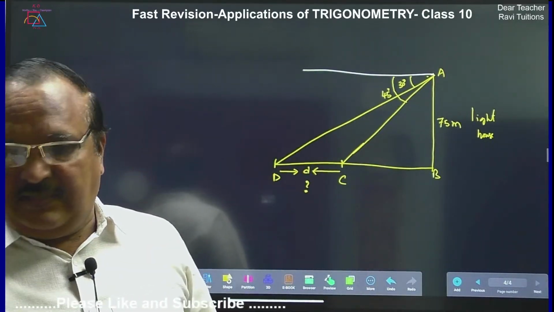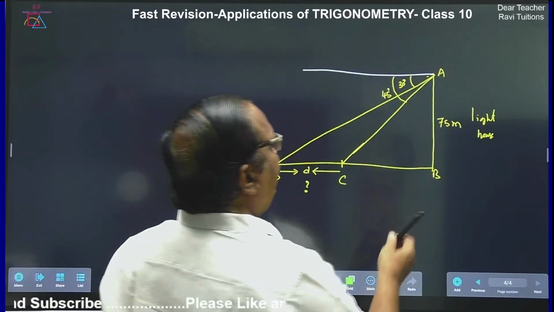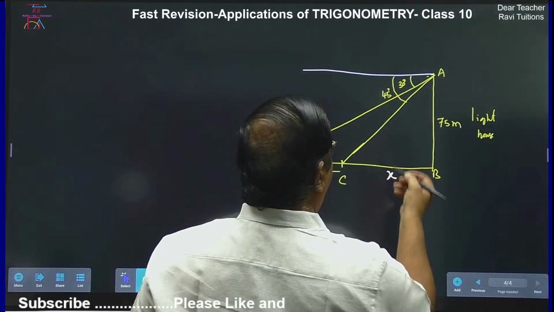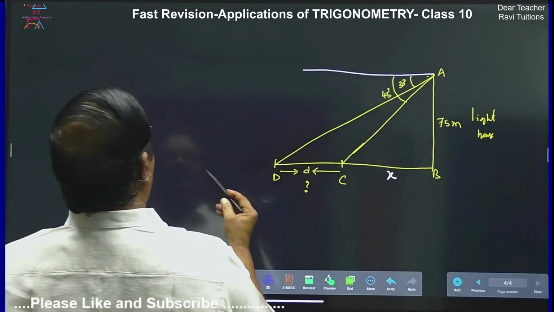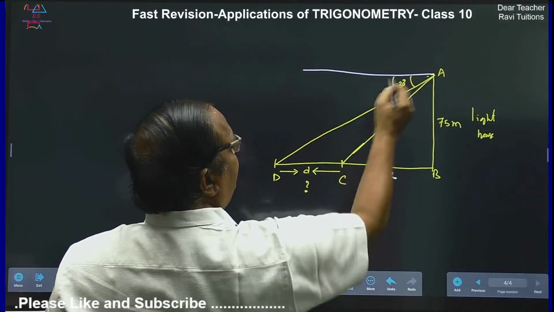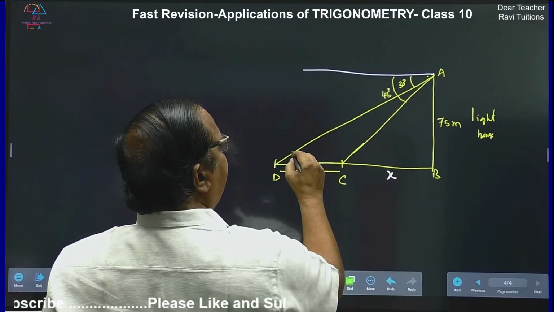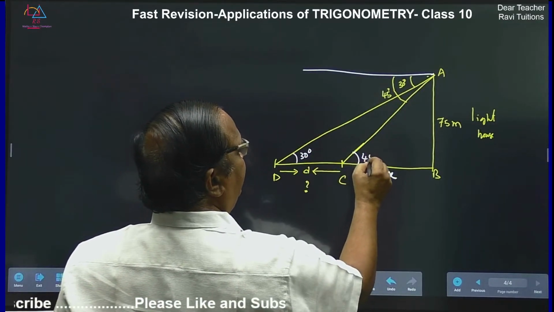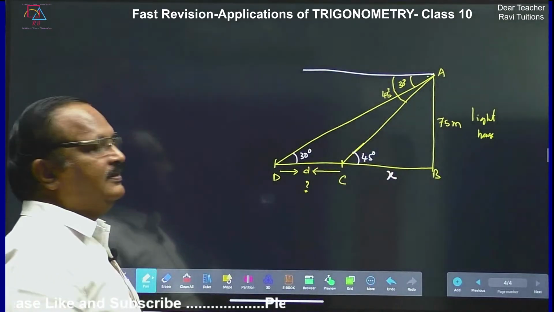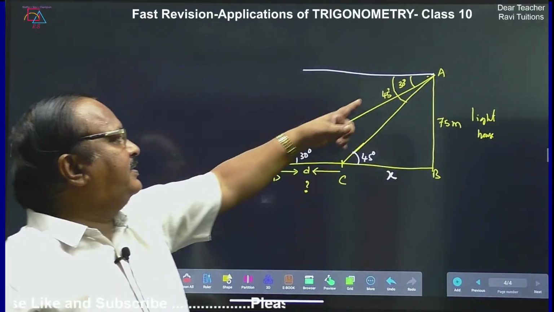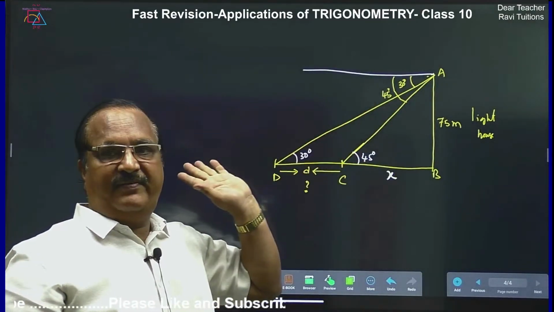Okay. So, now let us take this as x. Now, here also you have to take two right angle triangles. Because these 2 lines are parallel and this is 30 degrees and this is 45 degrees, you can write directly alternate interior angles, 30 degrees, this is 30, this is 45.